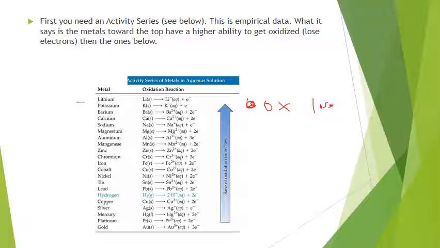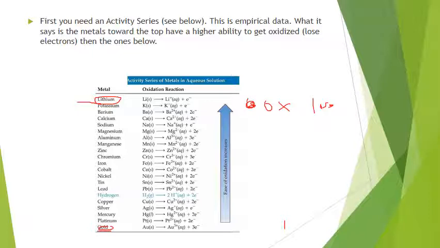So lithium is the best metal at losing electrons, empirically. Gold, on the other hand, is least likely to lose electrons, and that's one reason why gold is so expensive and rare, because it doesn't rust, it doesn't get oxidized.